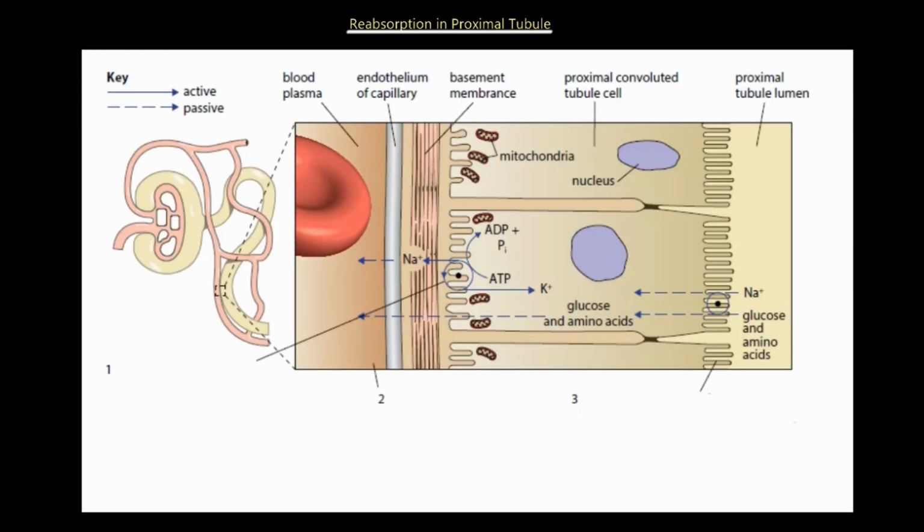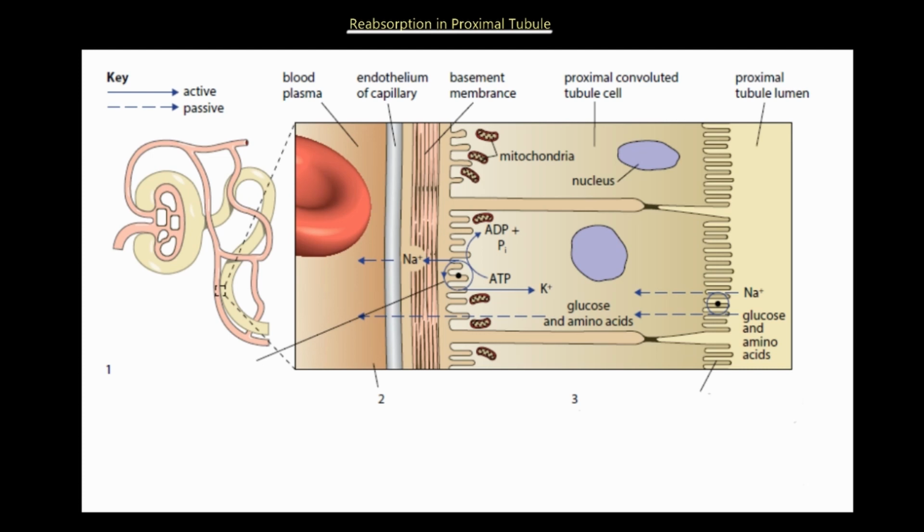ultrafiltration. So moving down the tube from the Bowman's capsule, the first part of the tube is going to be our proximal tubule. And in the proximal tubule, we're going to have something called selective reabsorption. Reabsorption meaning that we'll be taking up a lot of the substances that were in the blood plasma back into the tissue fluid because we don't want to get rid of it.